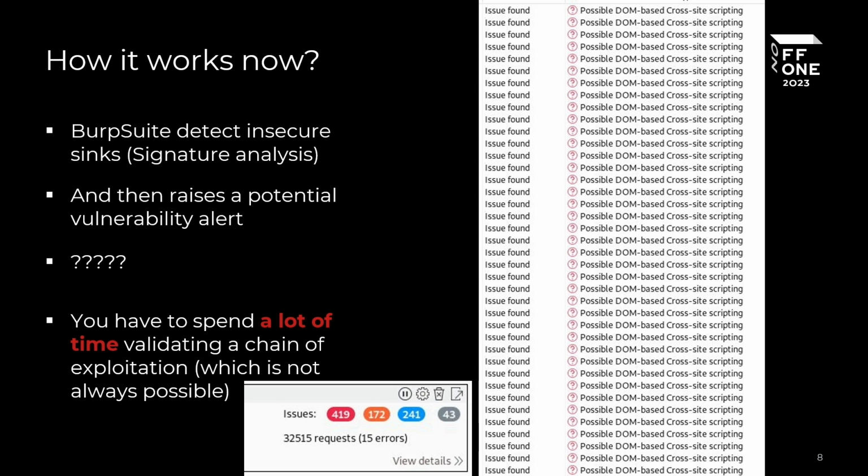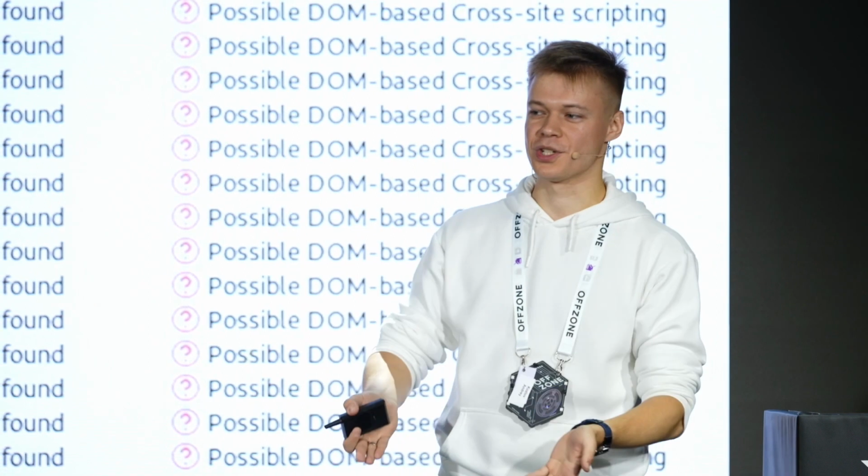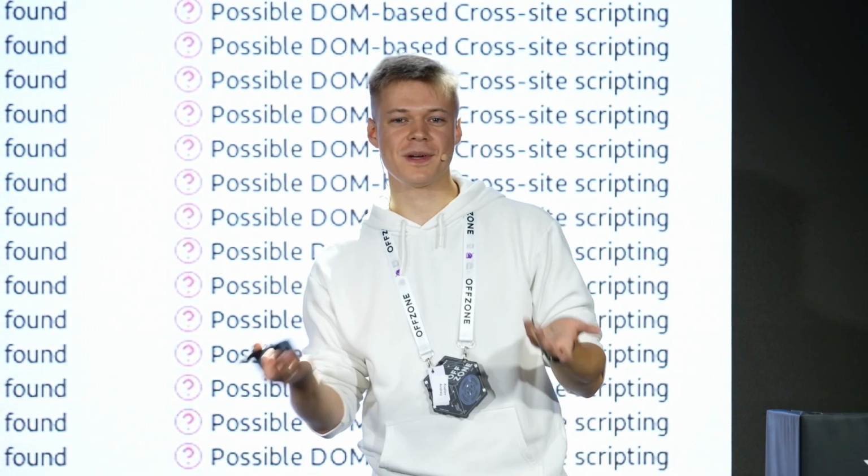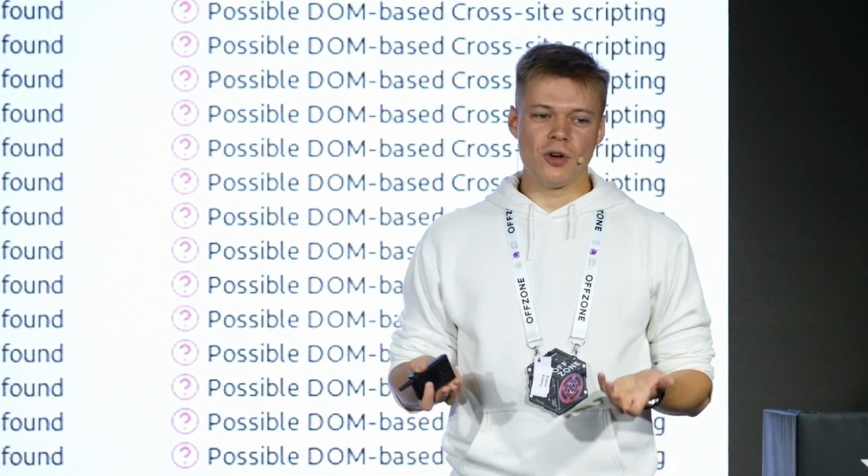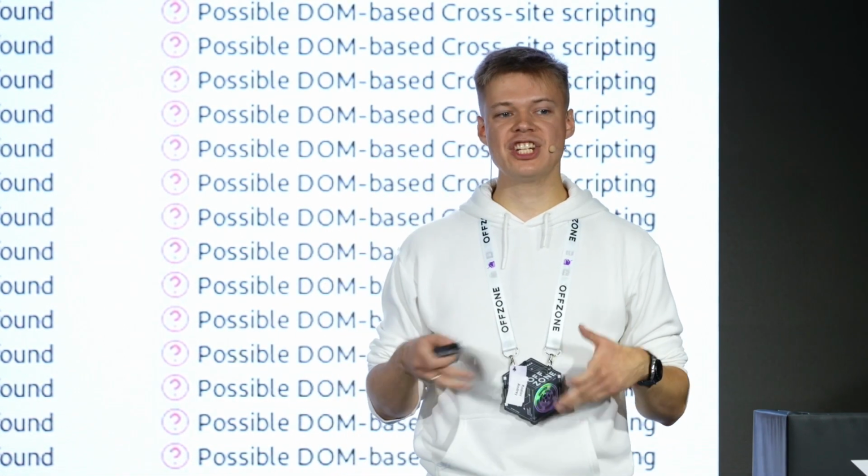Why does it happen? Burp says that we've got 419 critical exploits, and that's how many we have. You will be able to find this JS. Here is the function, it can be exploited, but it's not exploited. Why is that? Well, because Burp is just like other open source. I don't know about others because I didn't test them, but open source solutions run the analysis in the following way.